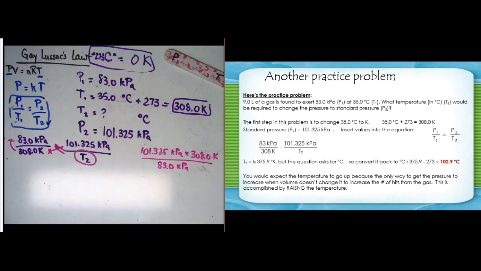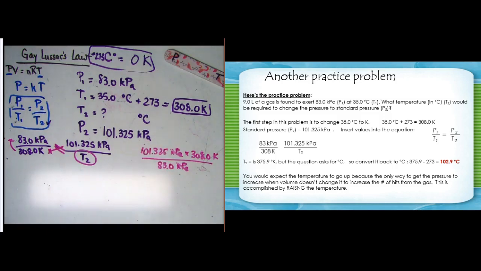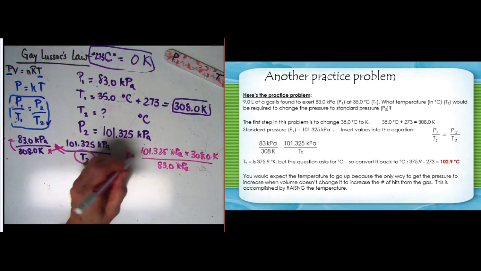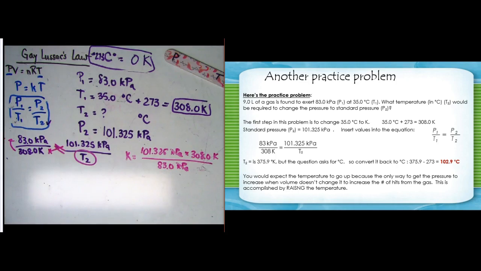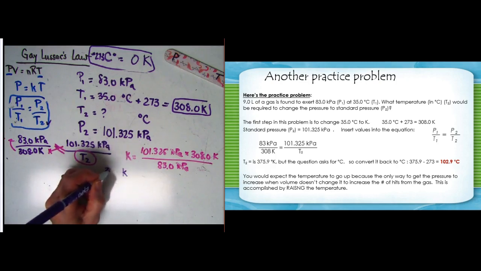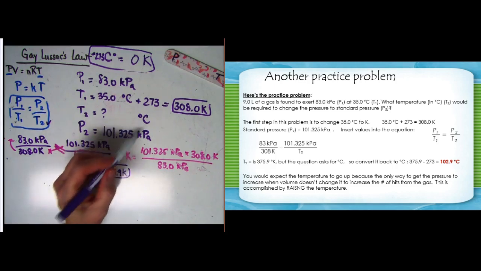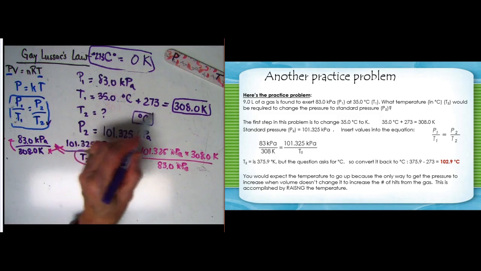Notice our kilopascals will cancel, and I'm going to end up with Kelvin as my answer. My answer for this problem ends up being 375.9 Kelvin. But remember, we're asking for it in Celsius.